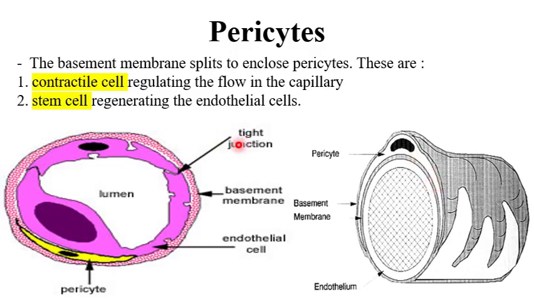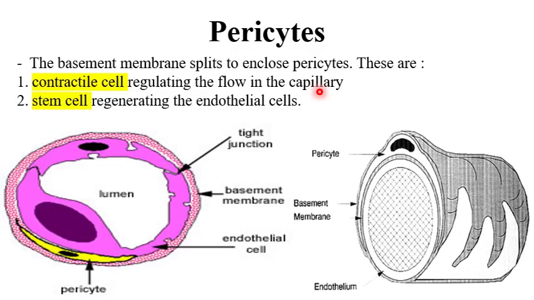What is the function of this pericyte? The pericyte has two functions. It's a contractile cell that regulates the flow in the capillary. Why? The capillary is the site between artery and vein. Artery and vein contain different blood pressures. When the blood passes from one of them to the other, it passes to a different pressure.